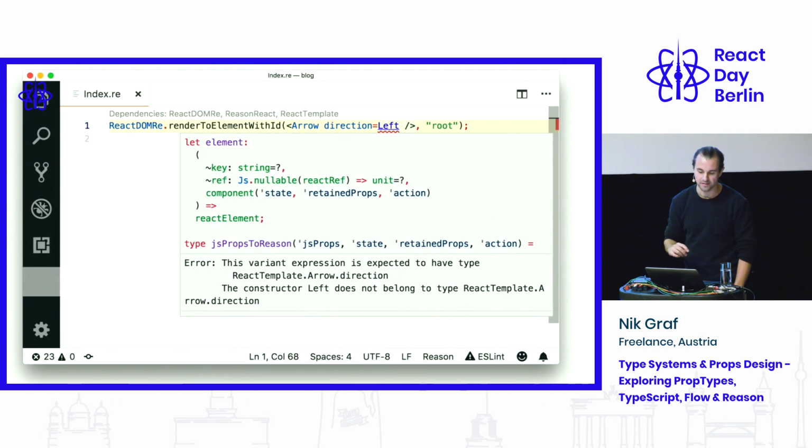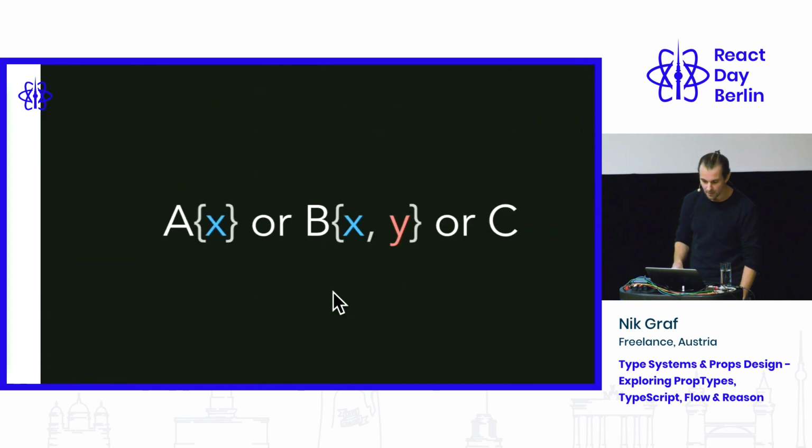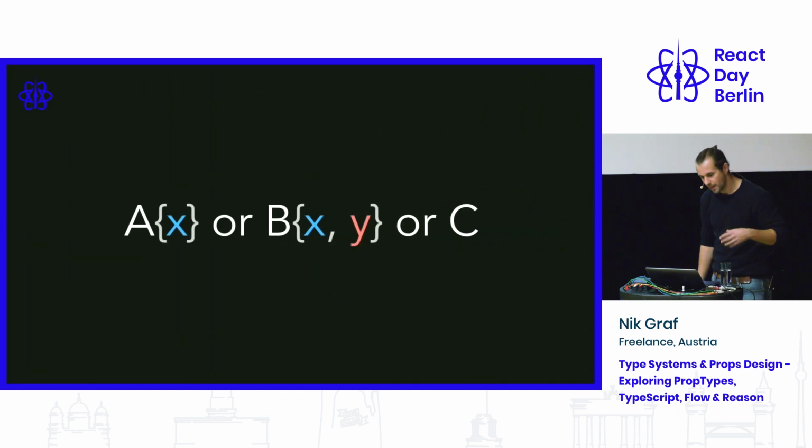The error message is a bit longer, and it has the same flaw, at least to me, as Flow. It doesn't tell me what my options are. It only tells me that left is not available in this variant constructor.